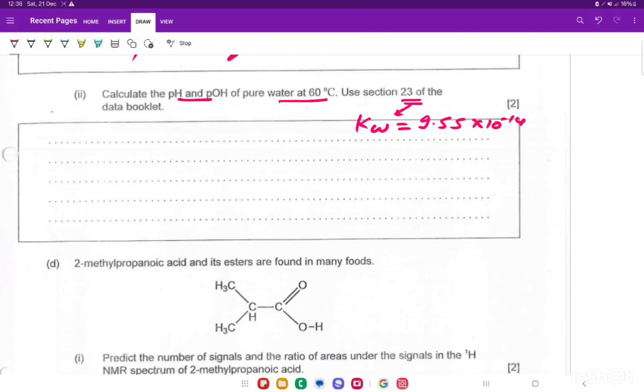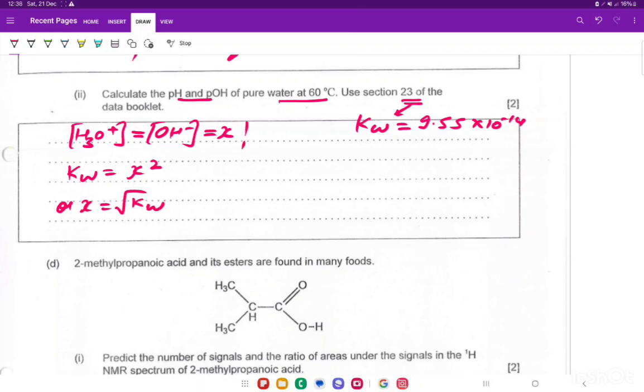Now, H3O plus concentration is always equal to OH minus concentration for any neutral sample of water, and that I am taking as X. Therefore, my Kw equals X squared, or X equals the square root of Kw. So X at 60 degrees will be equal to the square root of 9.55 into 10 to the power minus 14.